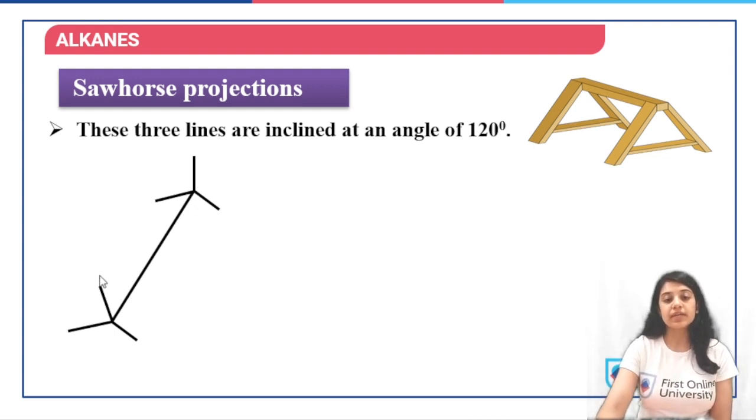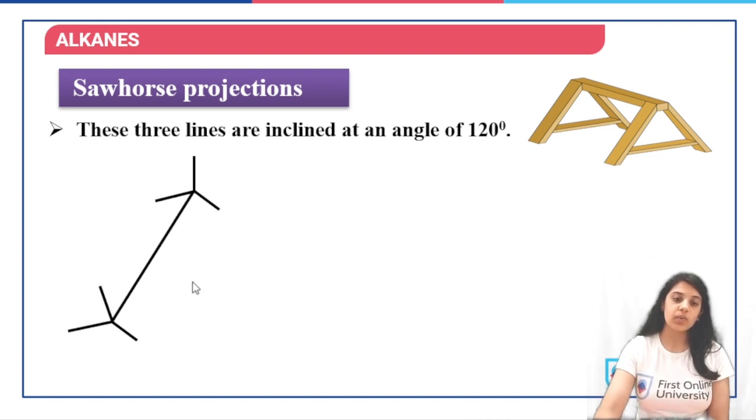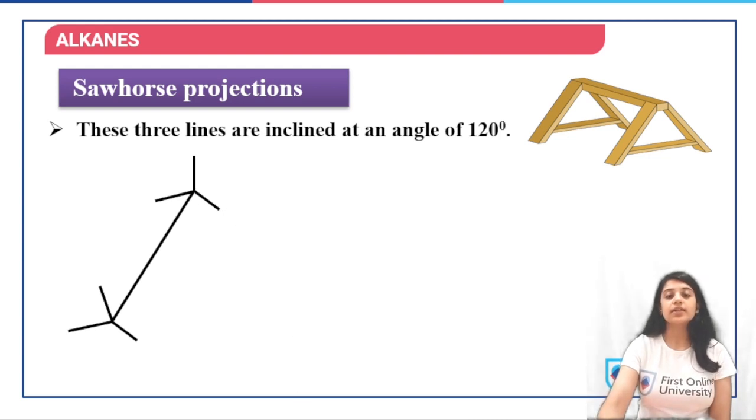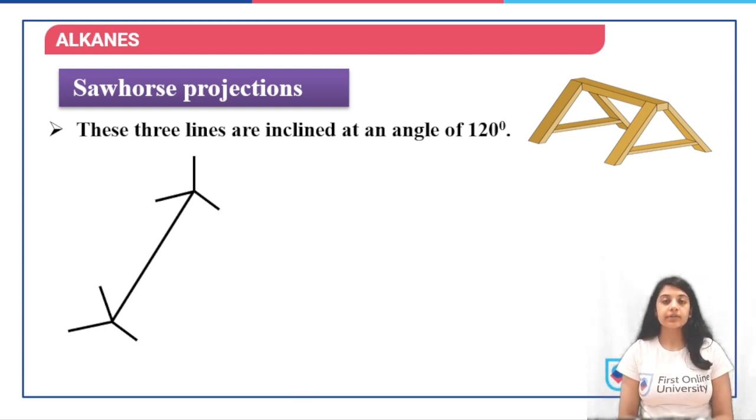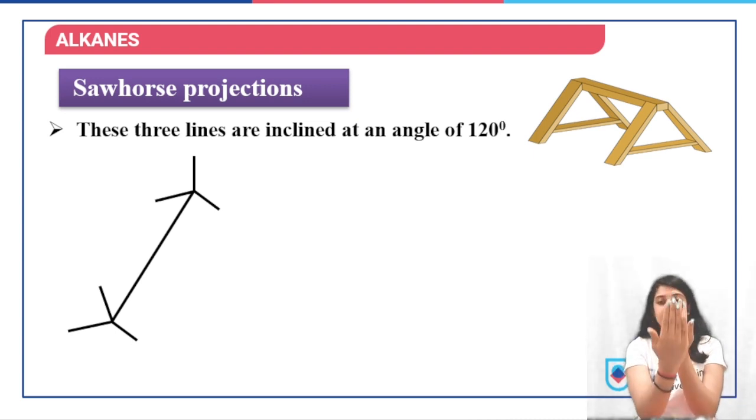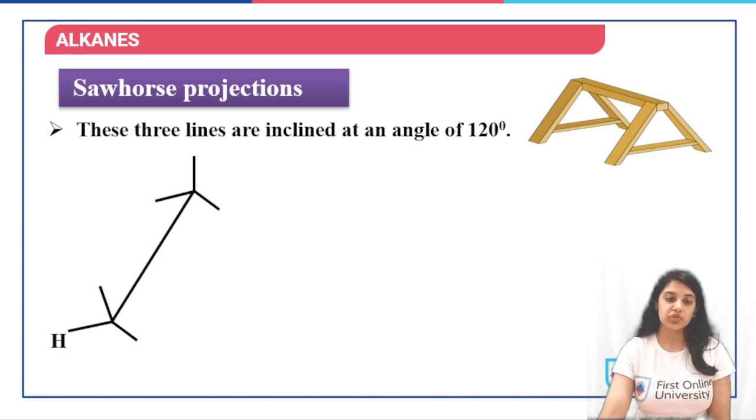If you carefully see, this is somewhat a Y, and this is also a Y. Since the two Y's are facing each other like this, this is going to be the eclipsed conformation.